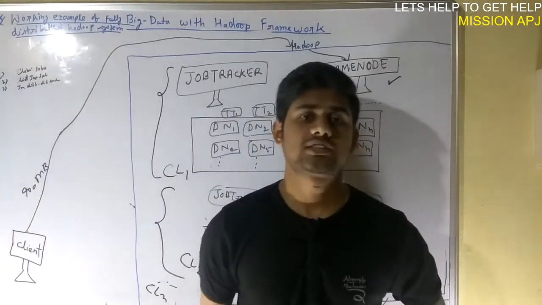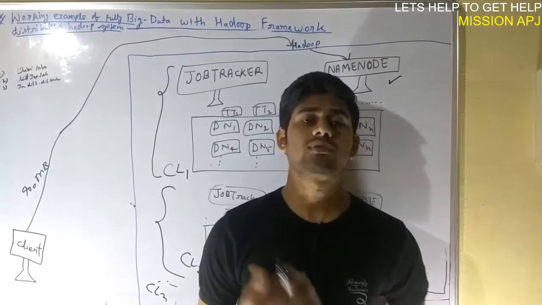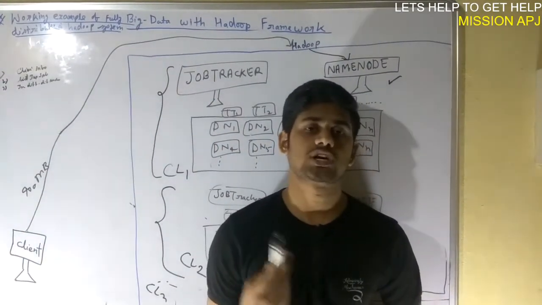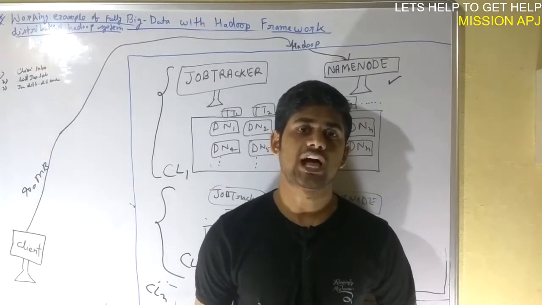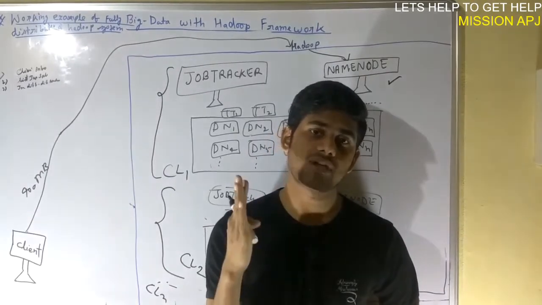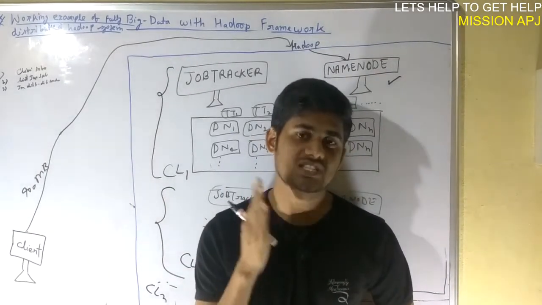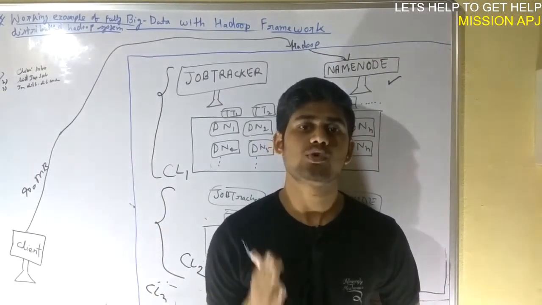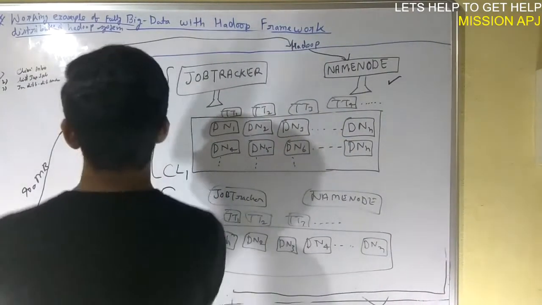Now as we understood, 7 blocks will be required to store the 400 MB of data. So the 400 MB is split into 7 different blocks, and each different block is known as an input split. What is that? Input split.